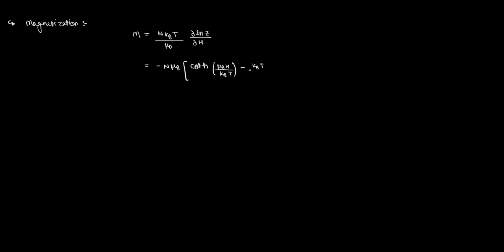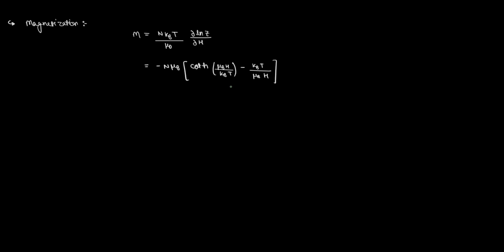Now we can calculate the magnetization, which is given by nkBT divided by mu naught del ln Z divided by del h. And we have calculated del ln Z by del h, so we can substitute that and we will get minus n mu b times cot hyperbolic of mu bh divided by kBT minus kBT divided by mu bh.